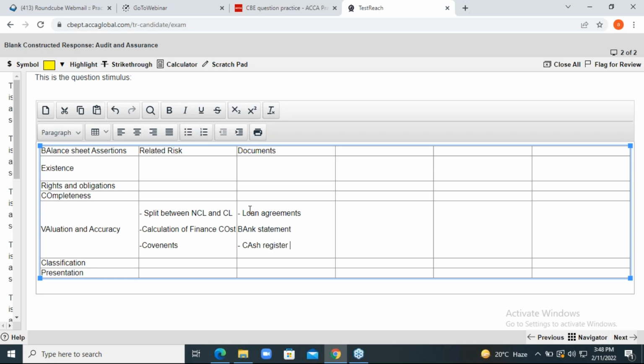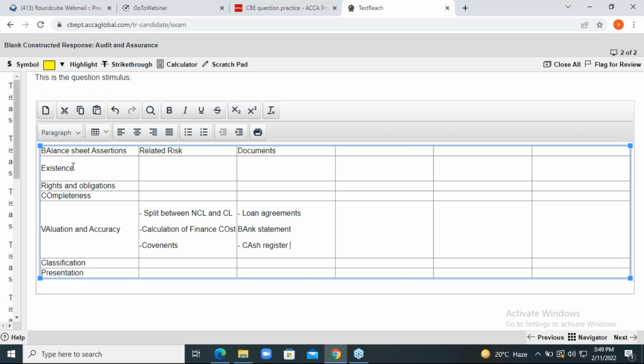So cash register, loan agreement, and bank statement. So balance sheet assertions, related risk, and related documents. If you have memorized these things, if you are aware of the related documents, related risk, and related assertions, then it will be very easy to write the procedures.